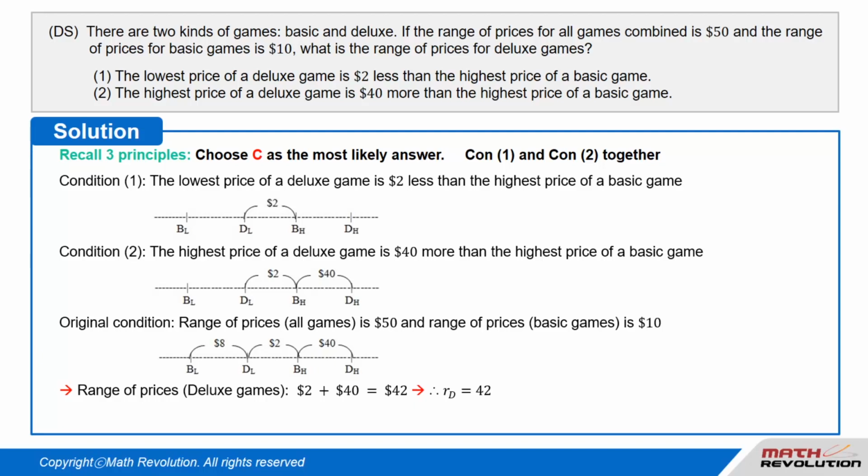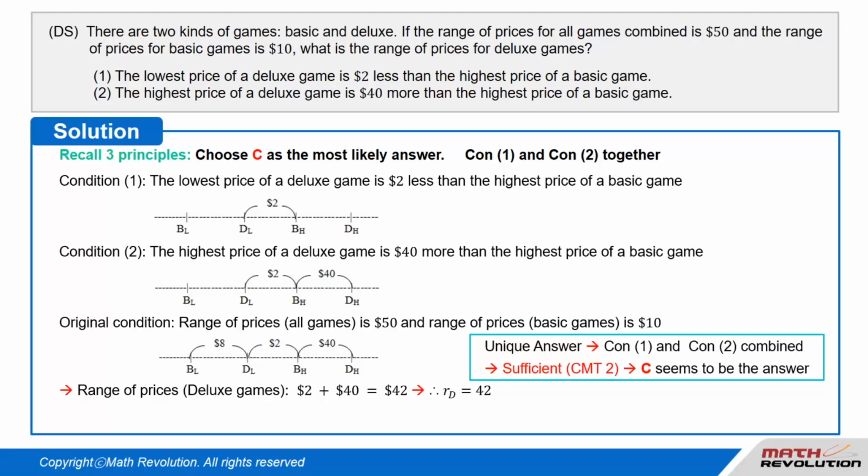Then, the range of prices for deluxe games is $2 plus $40 equals $42. Both conditions together give us a unique value of R of D equals 42 and are sufficient by CMT2, which means that the number of answers must be 1. Thus, C seems to be the answer.